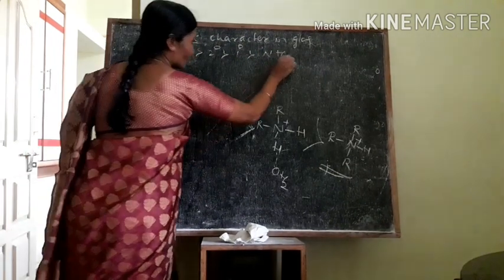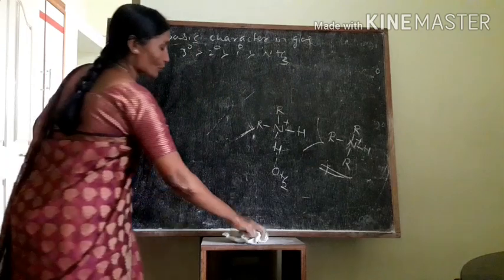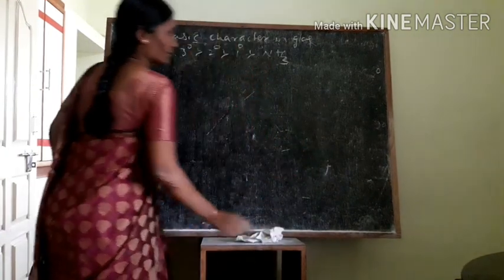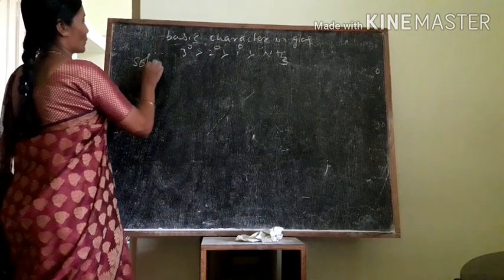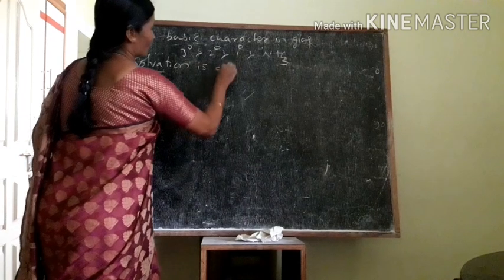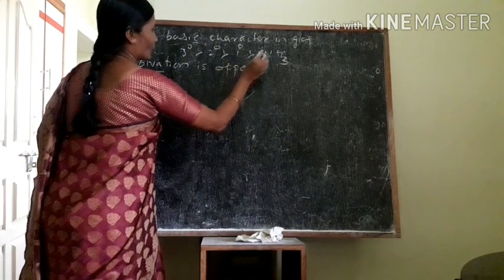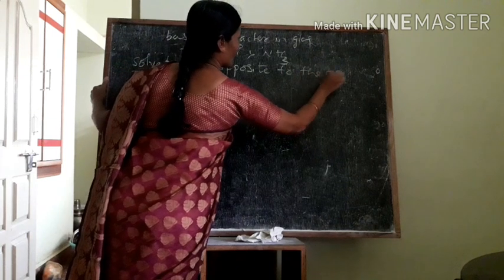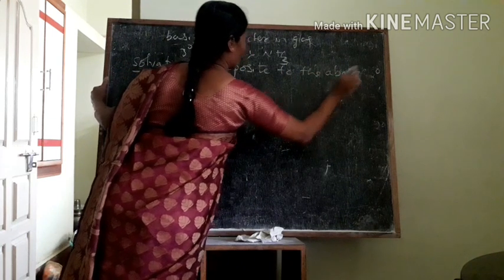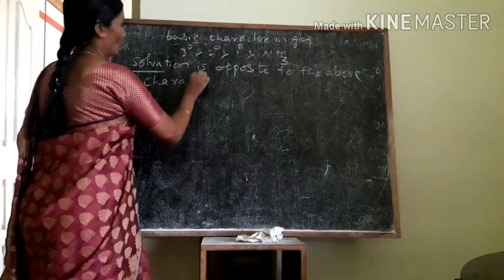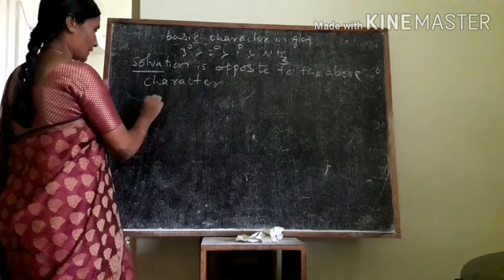Now what I will discuss about solvation is said to be opposite to this effect. Solvation is opposite to the above effect, the above character. How? Already I have represented.